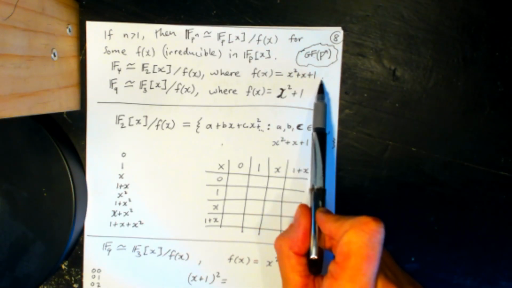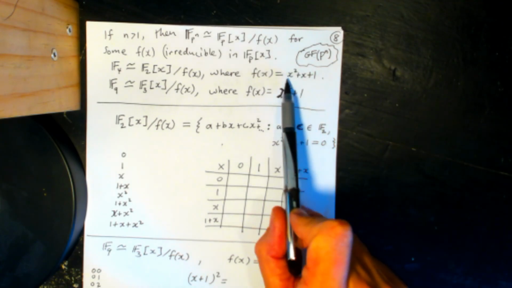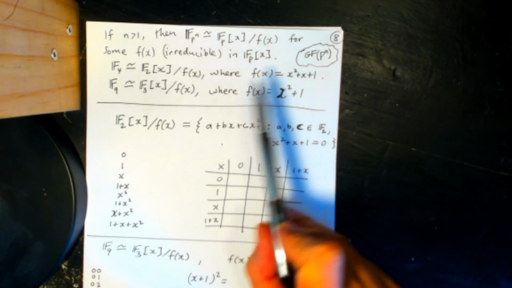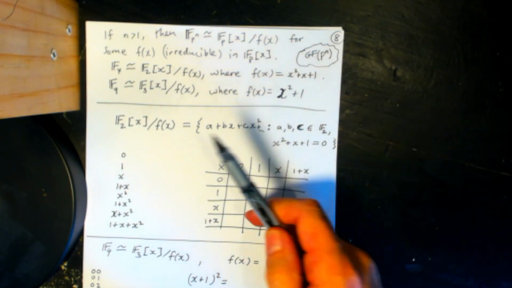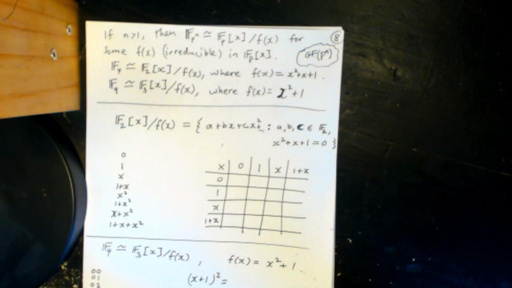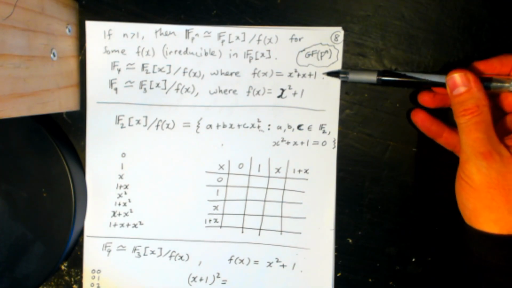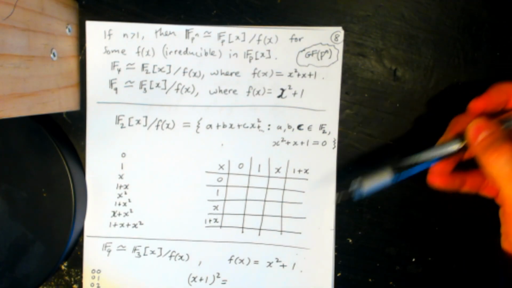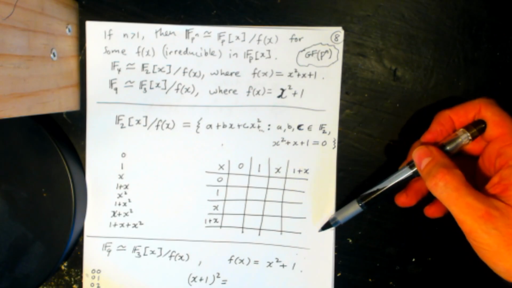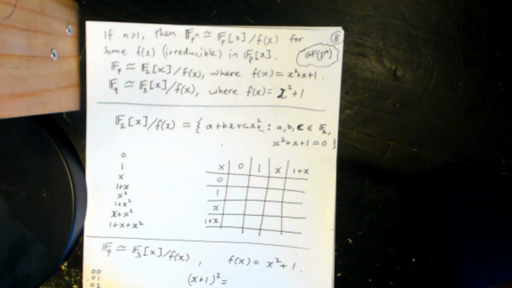Now this is irreducible in the field of integers mod 2. Okay, so we're going to see here another example of an isomorphism in terms of polynomial rings.